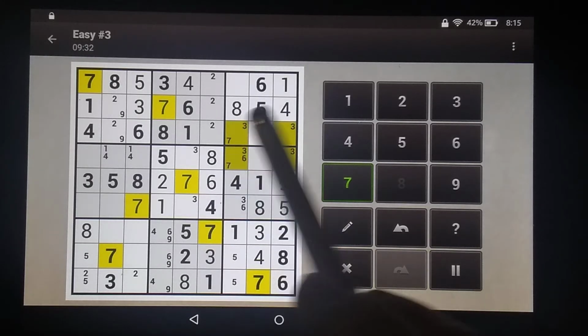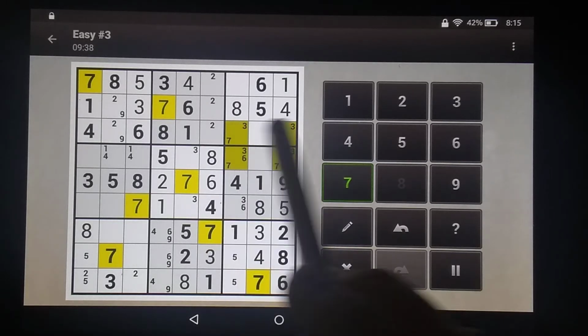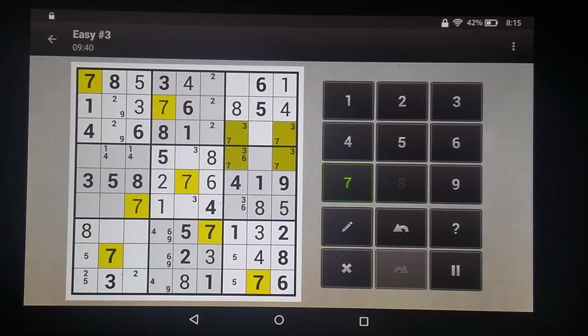Or you could have this be a 3, and this be a 7, and this be a 3, and that be a 7. And so, since if both of these were a forced pair of 7-3, we wouldn't have a unique answer, which is the point of Sudoku, to have one correct answer.